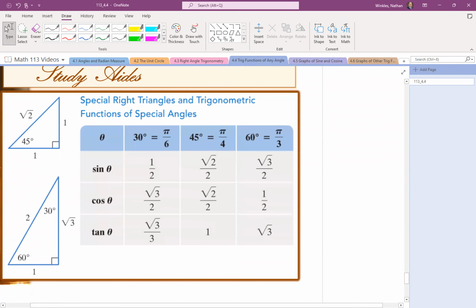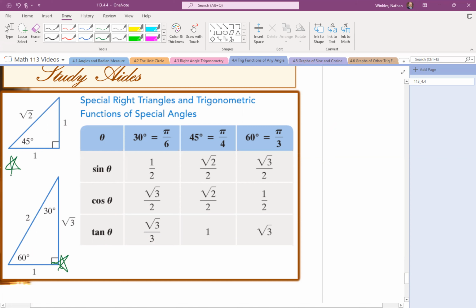So here are some study aids that might be helpful to you to help you learn and understand. We have a 30, 60, 90 triangle and a 45, 45, 90 triangle. These are very helpful depending on what we're given. 30 degrees and 60 degrees follow this one down here.